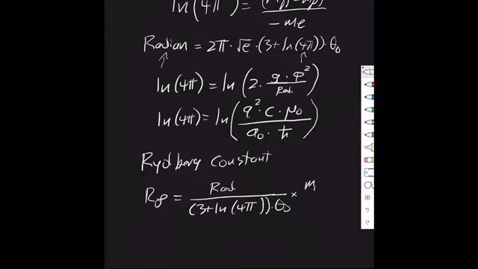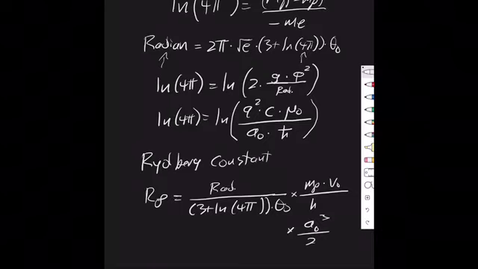This is the mass of the proton times the velocity of the electron, h, and then times the fine structure constant to the third power, divided by 2, and that gives you your Rydberg formula.